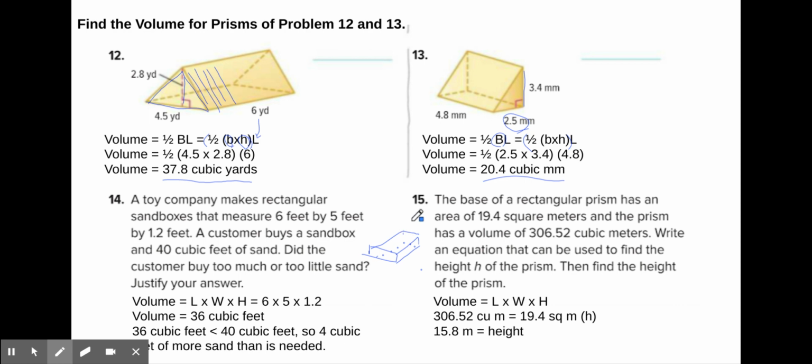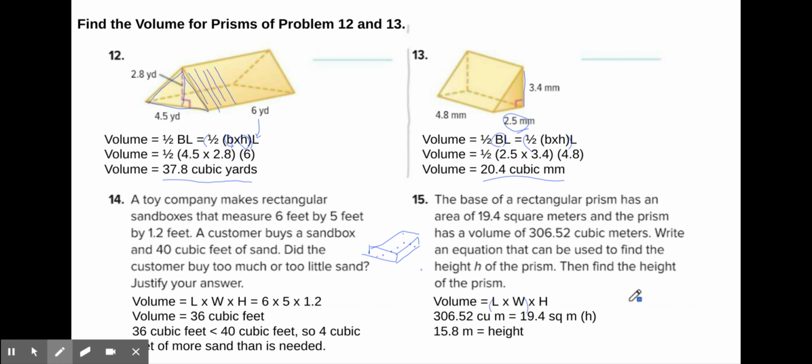All right, now for 15, the base of a rectangular prism has an area of 19 and 4/10 square meters. So we're saying that this times this, we don't know what the length and width is, but we know that when we multiply it, we get 19 4/10 square meters. We know the volume overall is 306 and 52/100 cubic meters.